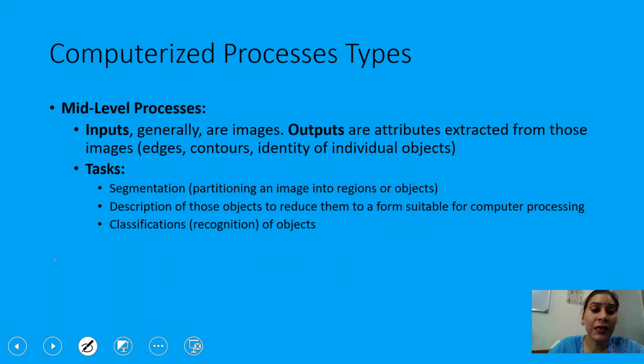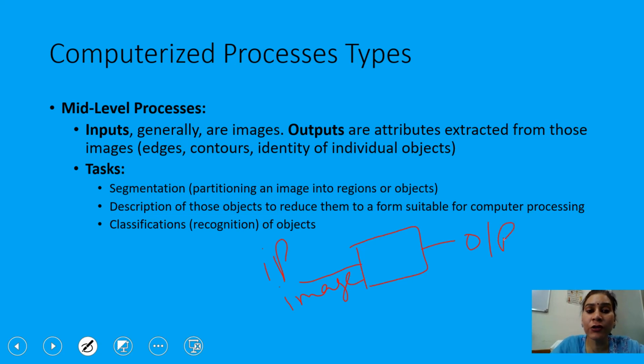Then mid-level processes. In this, input generally is images and output is attributes. Here if I am drawing the block diagram, input is my image and output is attributes.